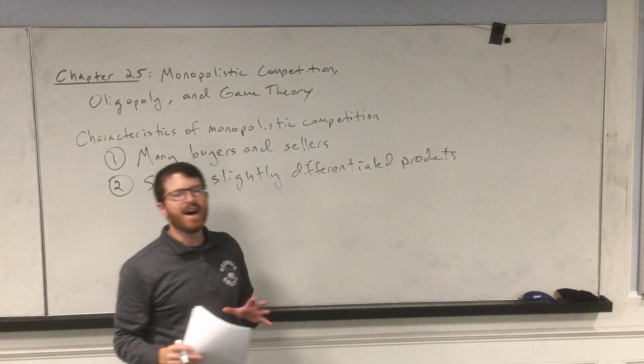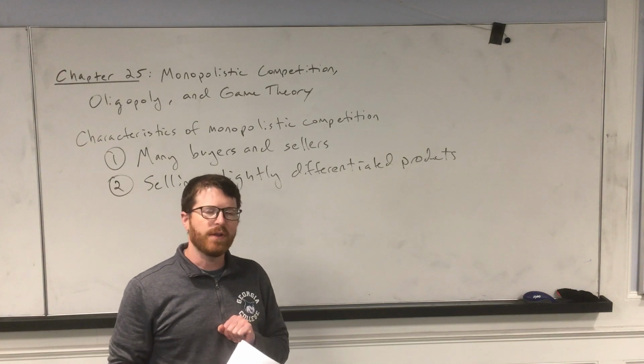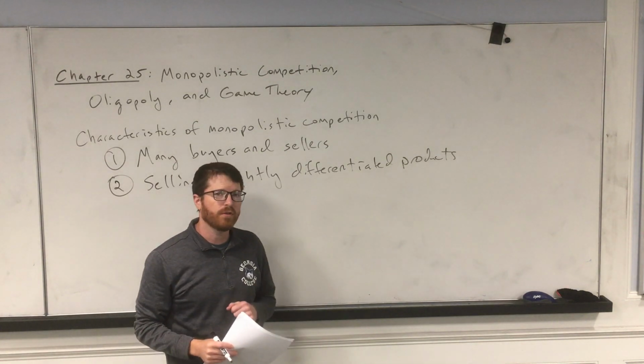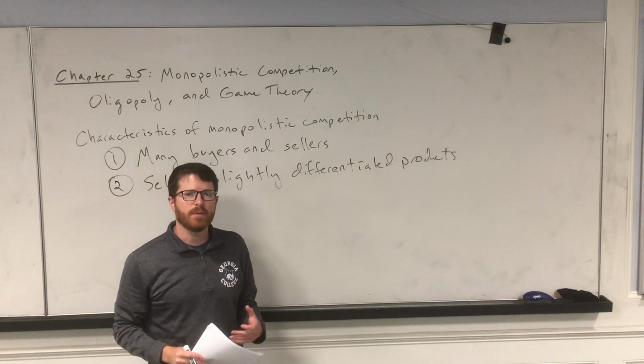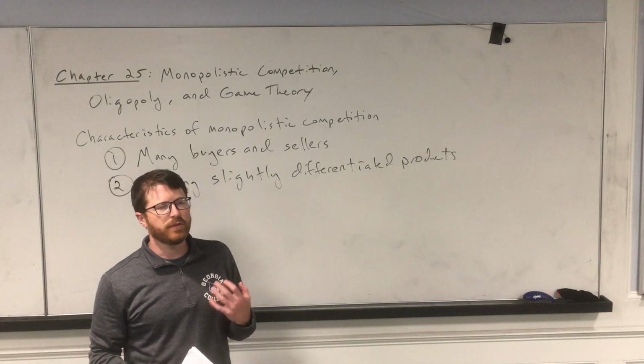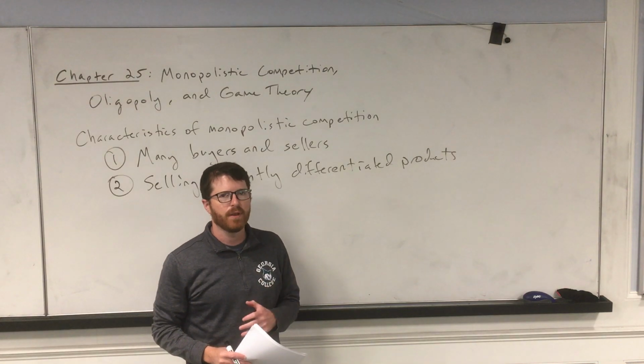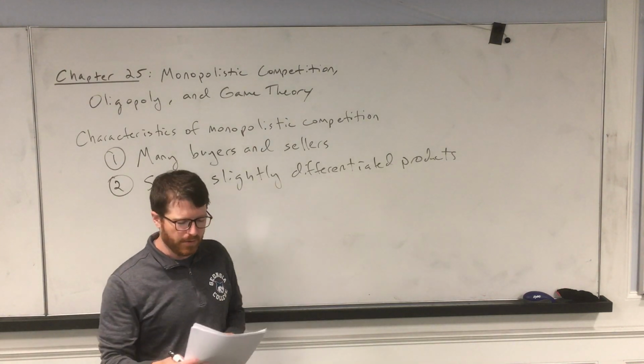So the products are not exactly the same. It's not like selling oil or selling soy. It's not like selling stock. All of those things would be perfect competition. In monopolistic competition, you're selling something that's a little bit different. And again, we'll get to some examples of this in the future.